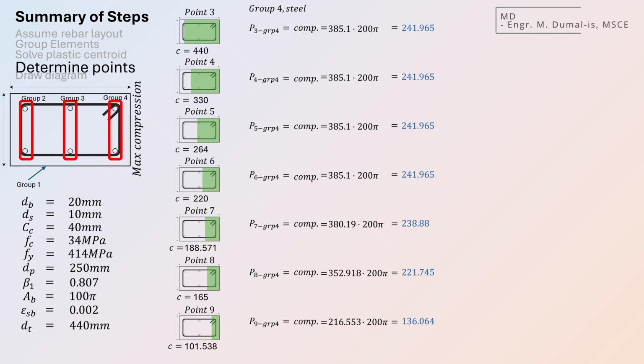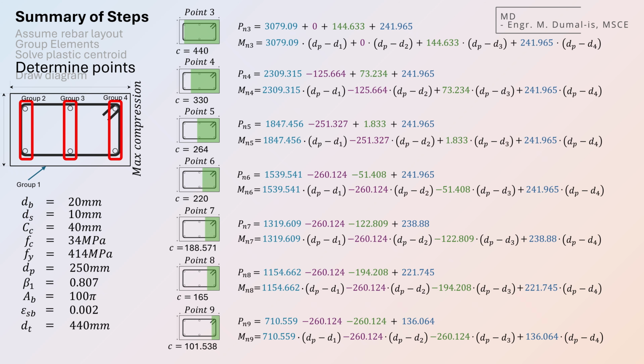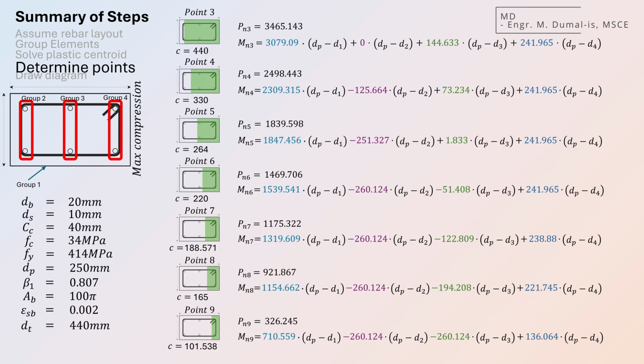After performing all computations, here are the resulting forces for group 4. We now complete the Pn and Mn computation by inserting all group forces from group 1 to group 4. We evaluate all computed values of Pn point by point.